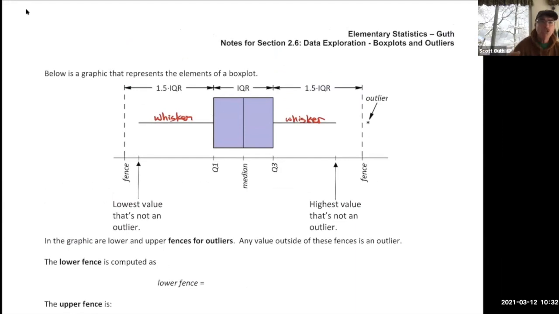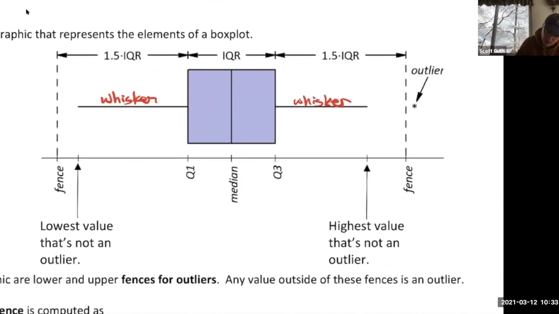Now, if you remember the usual range, that was this 2 standard deviation rule, right? Anything within 2 standard deviations from the mean is the usual range. Now, you can think of the interquartile range as the width of the box here, okay, because it's the distance from Q3 to Q1.